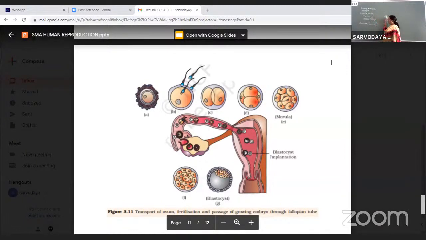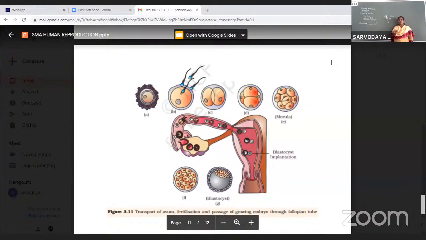Now this finger-like projection gets connected with the uterine tissue, and the structure formed between the blastocyst and the uterine wall is what you call chorionic villi. What is it called? Chorionic villi. What is chorionic villi?